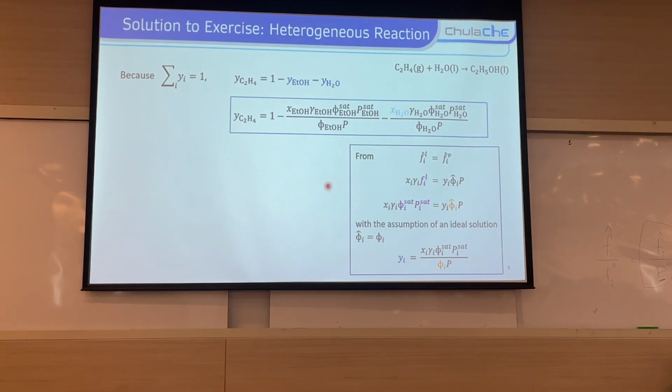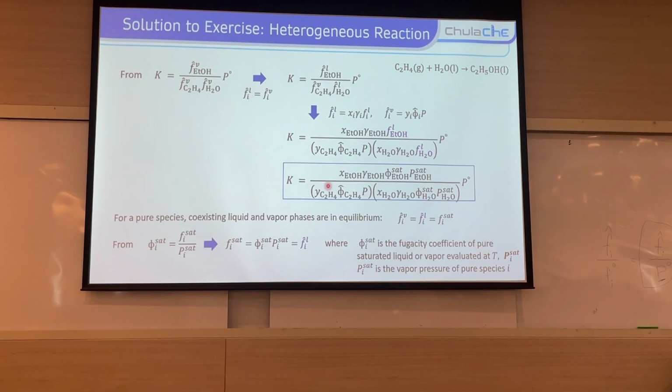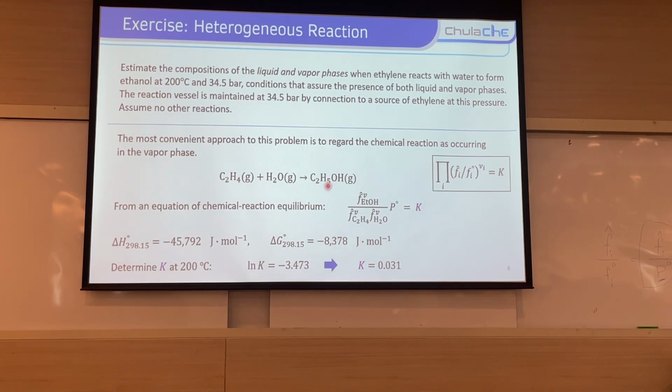For example, in this case we do the reaction at 34.5 bar, so you can check the vapor pressure of ethylene at 200 degrees Celsius and 35 bar, where ethylene is still in the gas phase. You can check the condition of the reaction for each species to see which should be in the gas phase or the liquid phase.